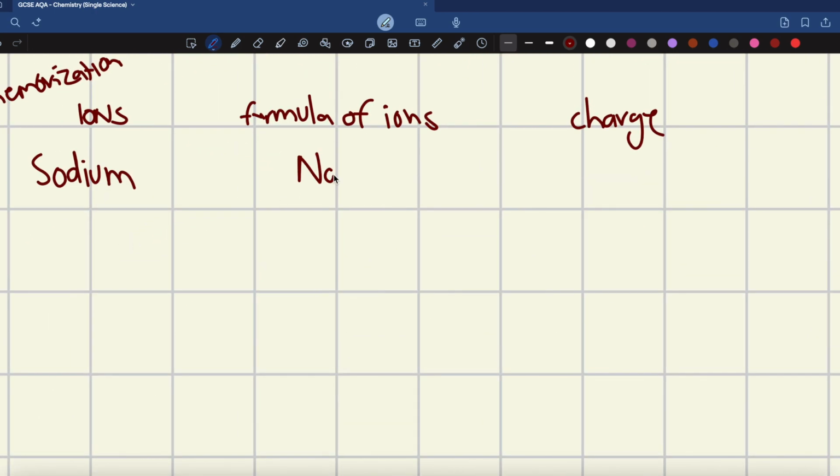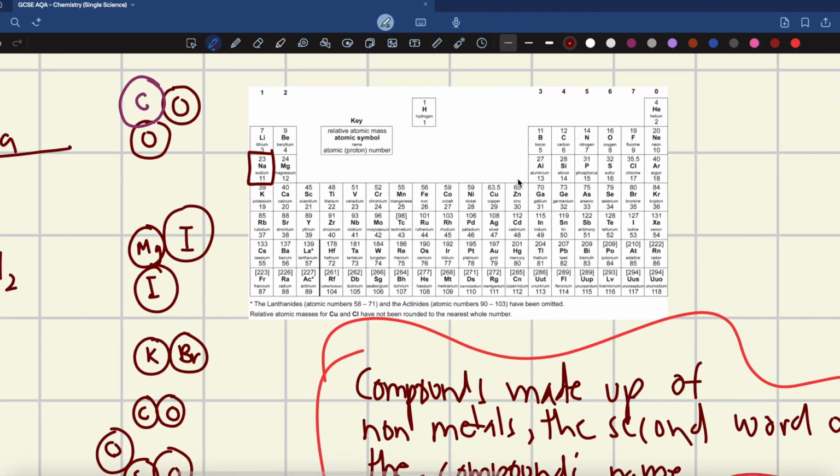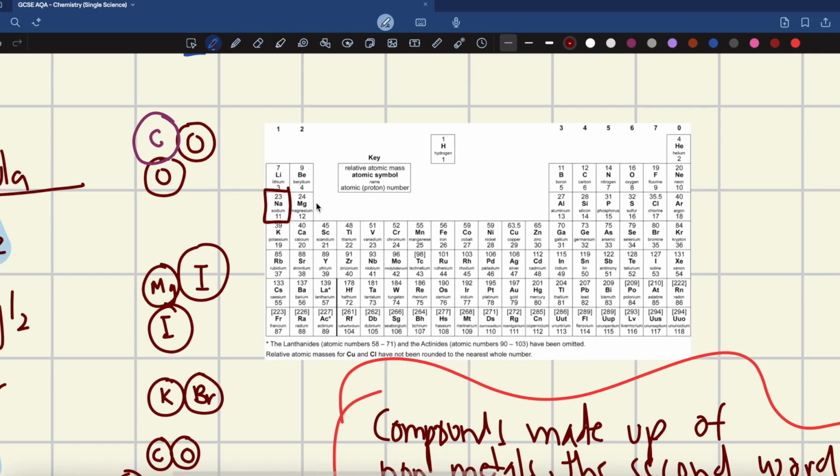If I tell you that the formula of this ion is Na positive, and the charge is 1 positive, I'm going to get to the explanation of why this is, just a second. Then we've got magnesium. What is the chemical symbol for magnesium? Mg.